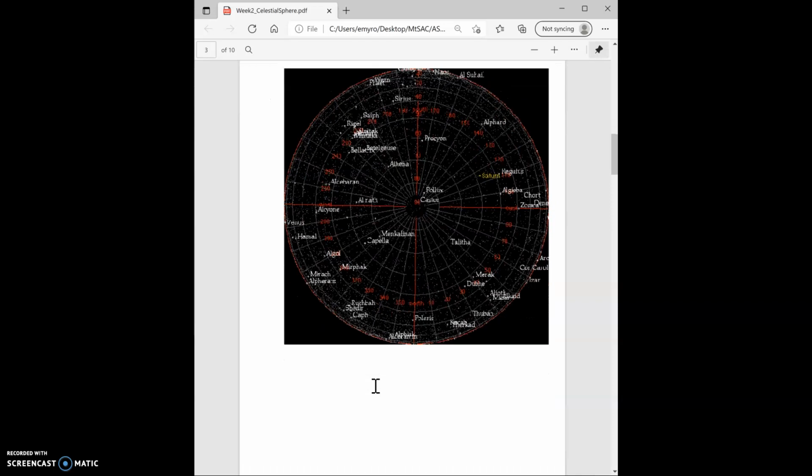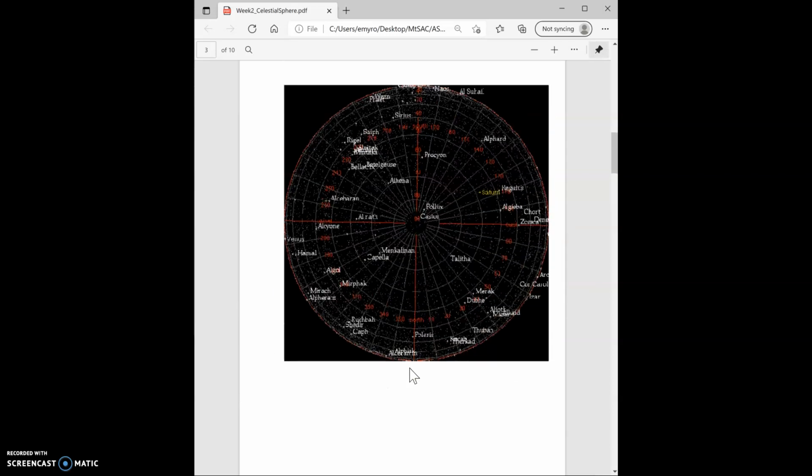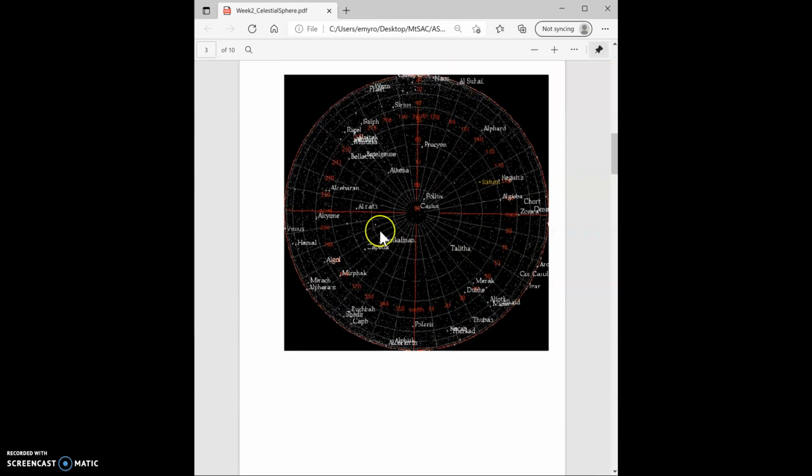In this lab, I have a bonus question. And this bonus question, you'll be able to complete it most likely after you do the planisphere report, the second part of the lab. So this topocentric map is local. It corresponds to a particular location on Earth and also to a particular date and time.